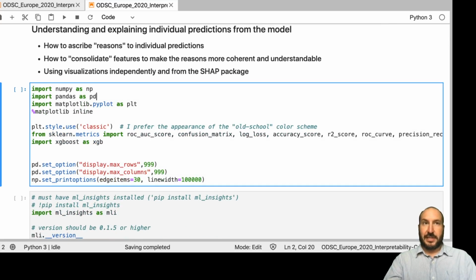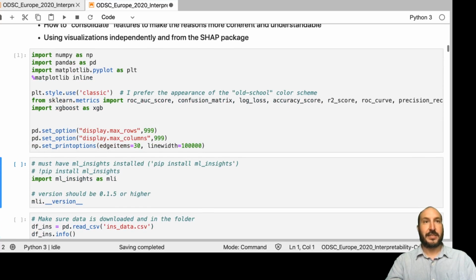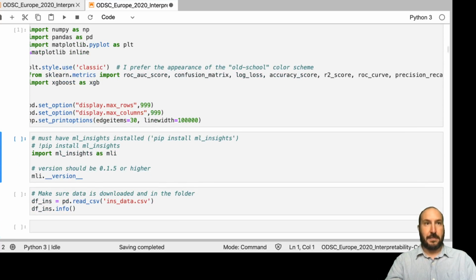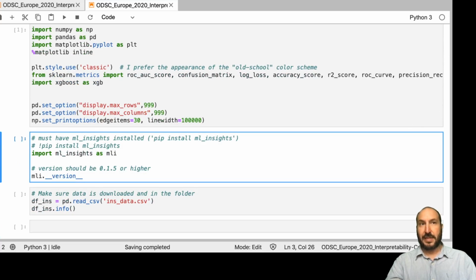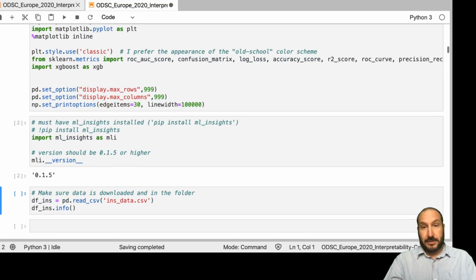So let's get started in the notebook. This first line is just importing a bunch of stuff. Hopefully it should all go through, and you need to have XGBoost installed. You'll also need to have the ML Insights package installed, so uncomment this line if you don't have it already. And import ML Insights, and please make sure you have the most recent version, which is 0.0.1.5, and do an upgrade if you don't have that.